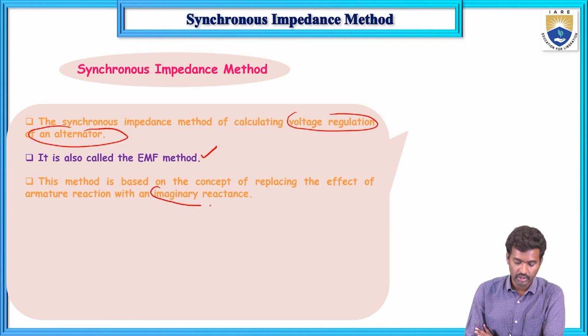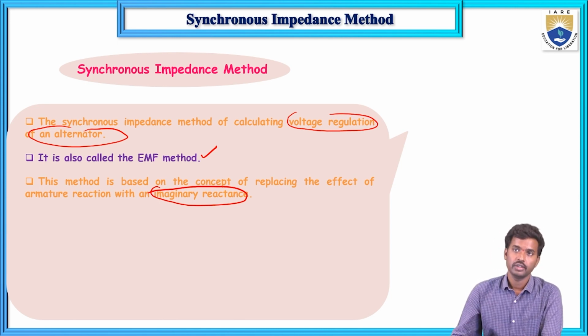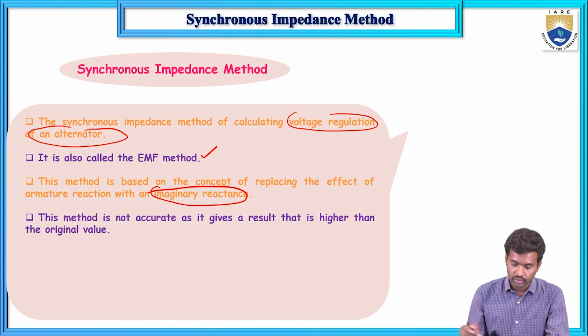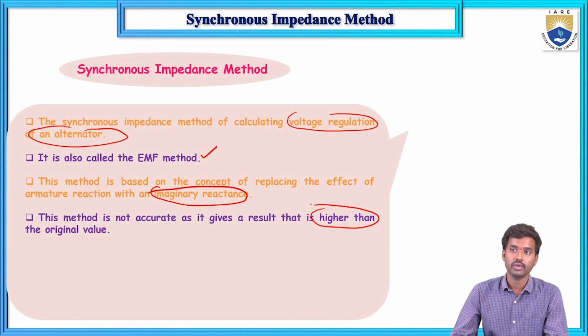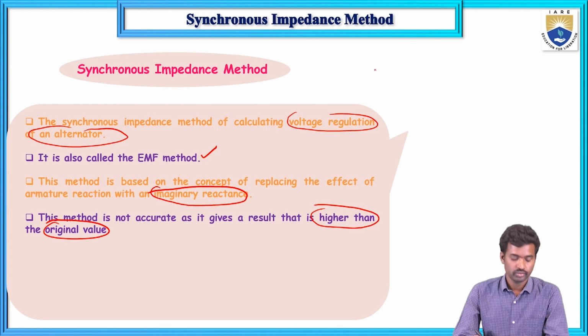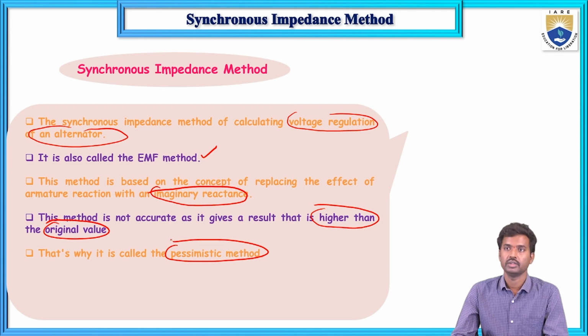Now this method is not accurate, it will give a higher value than the original value. For that reason we call it a pessimistic method, because it gives more than the actual value.